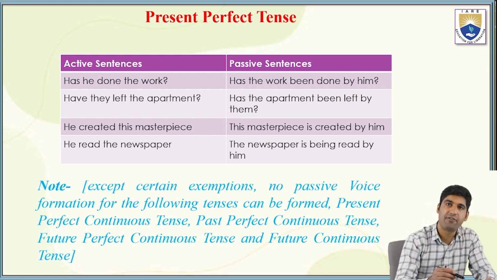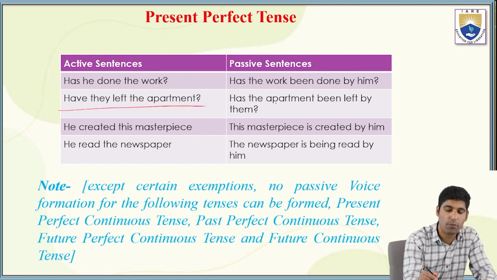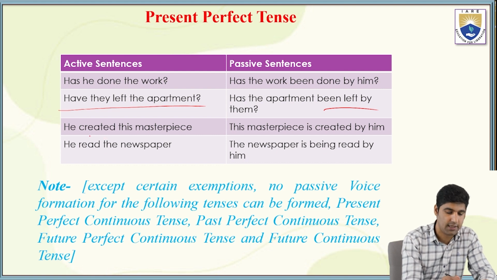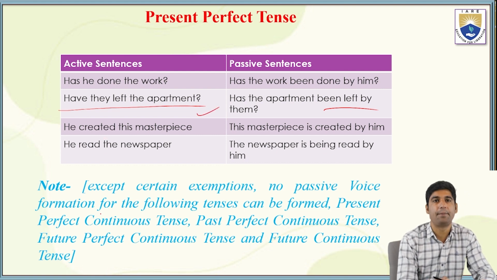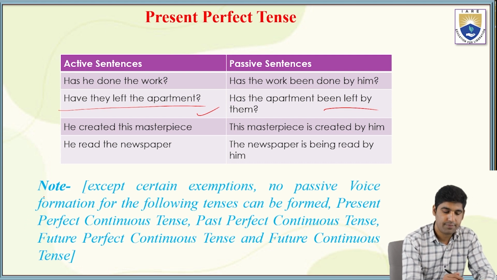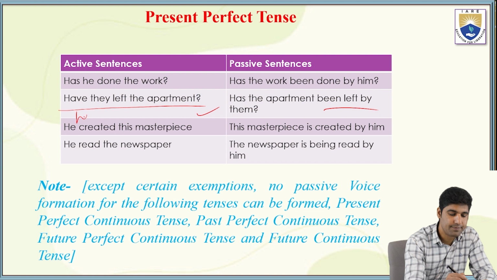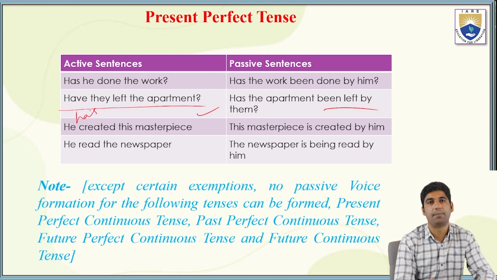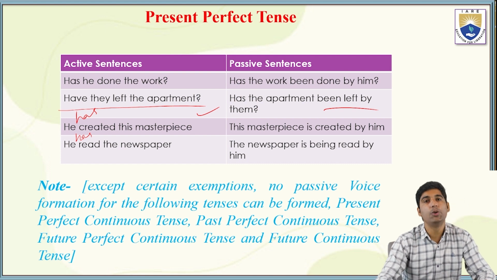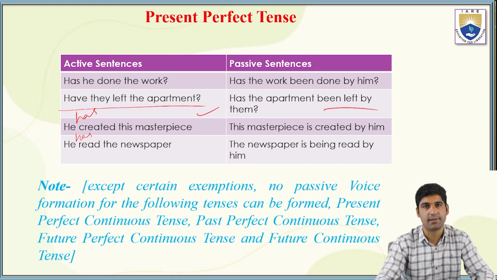So we have present perfect tense where some questions are there, but I'll not go with the interrogative sentences. I'll go with the sentence. He has created this masterpiece, and he has read the newspaper. These are the two tenses.